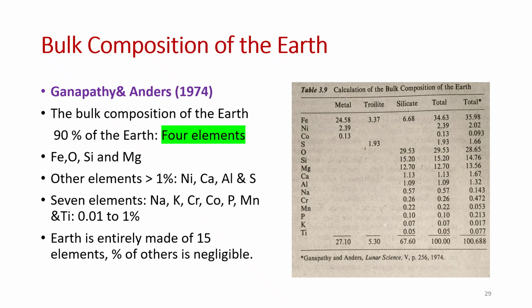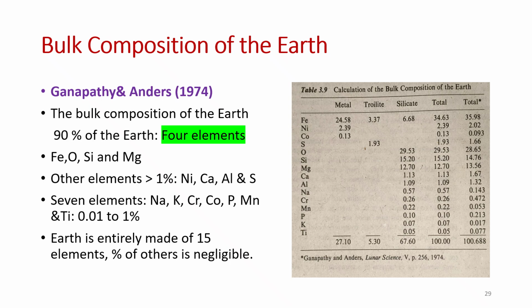However, some significant deductions of a semi-quantitative order are probably justified, and the results indicate that 90% of the earth is made up of four elements. These are iron, oxygen, silicon, and magnesium. The other elements that may be present in amounts greater than 1% include nickel, calcium, aluminum, and sulfur.